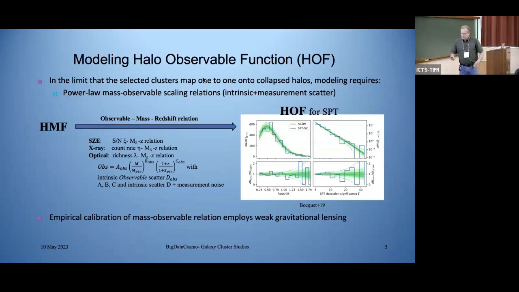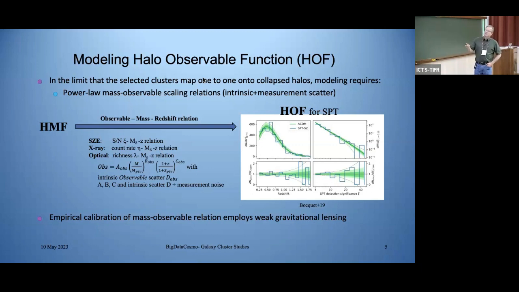To give you a feeling for how this works, let me say a few words about how you model the halo observable function. Okay, so in the limit that a selected set of clusters, each selected object, can be mapped into a single collapsed halo, that's an important limit, which we can come back to and discuss over coffee. What you need is some mapping from the observable to the mass space.